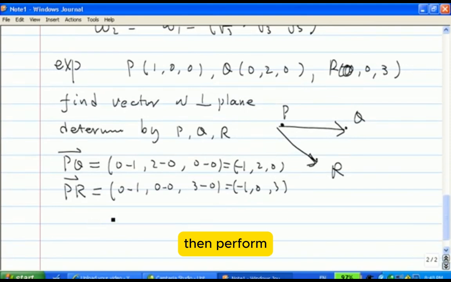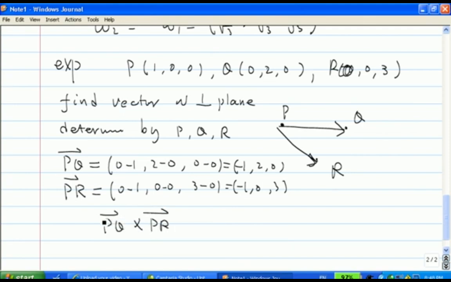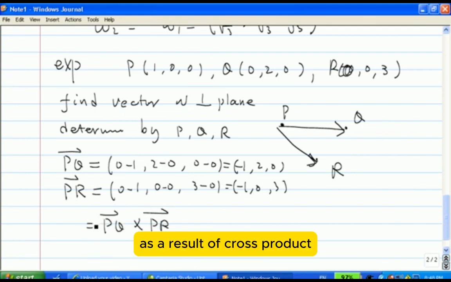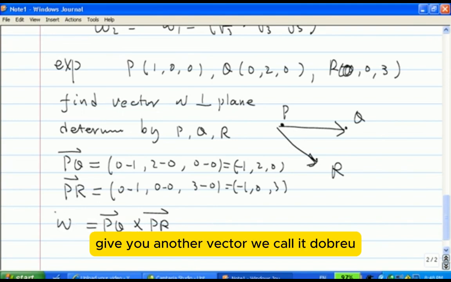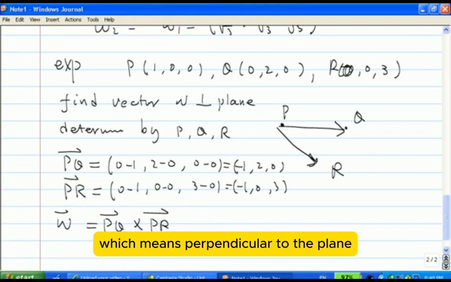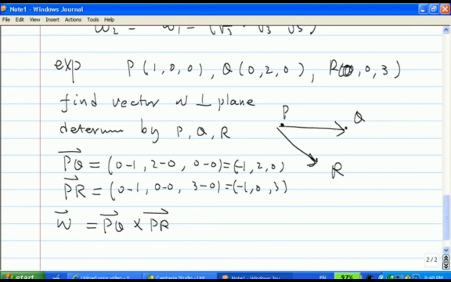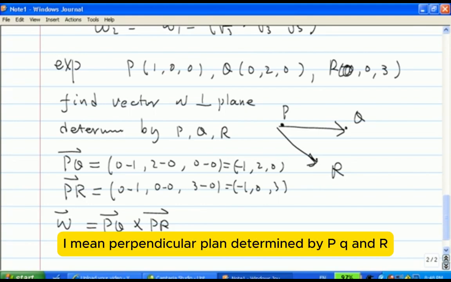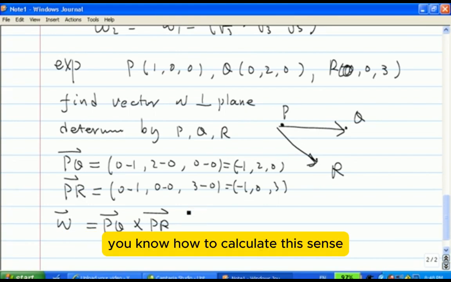Then perform the cross product. The result of the cross product gives you another vector we call W. And this W will be perpendicular to both of the vectors, which means perpendicular to the plane determined by P, Q, and R. You know how to calculate this. Okay, so I'm going to stop here.